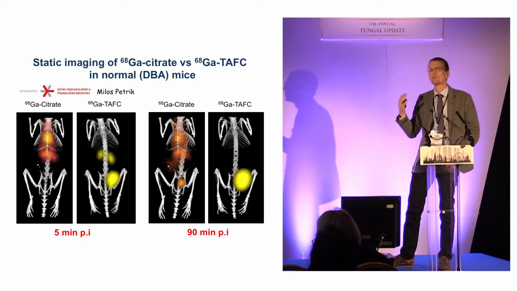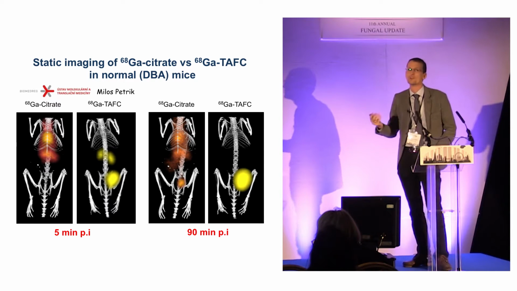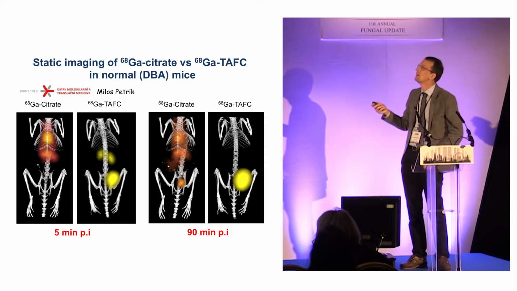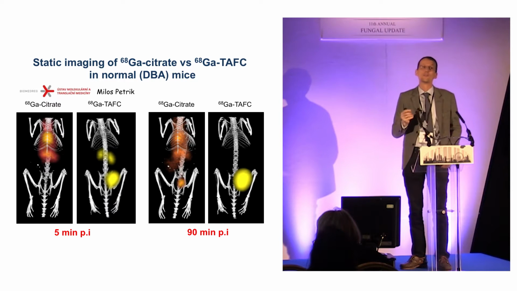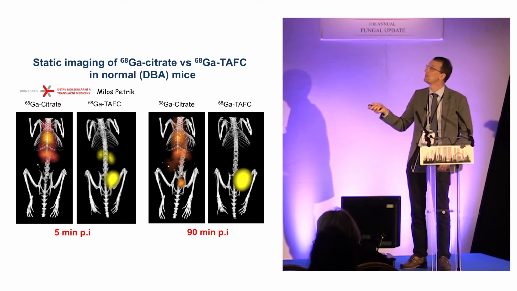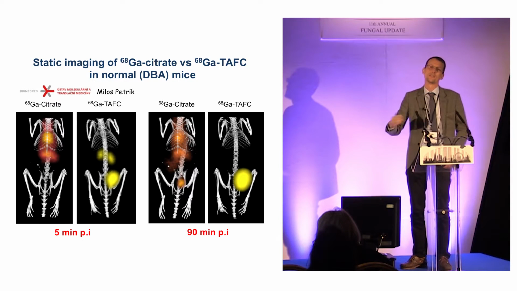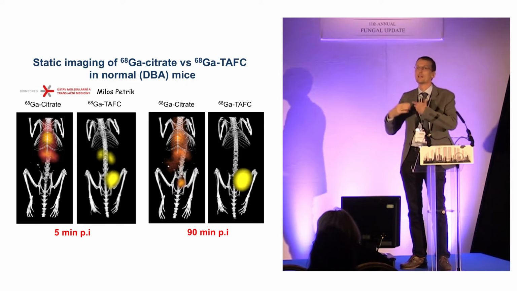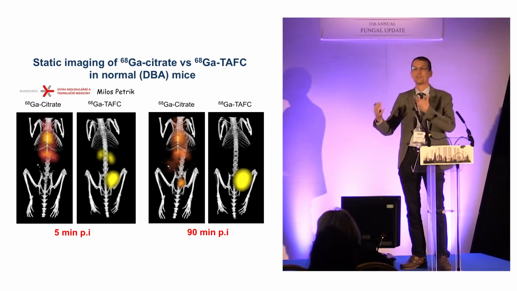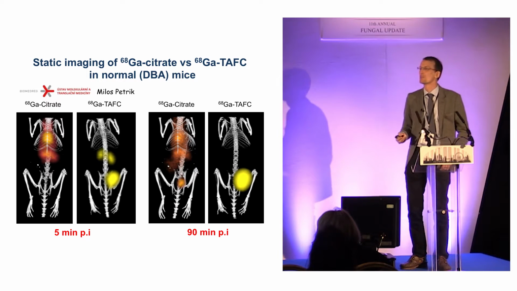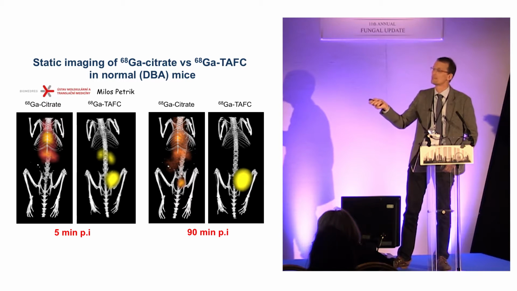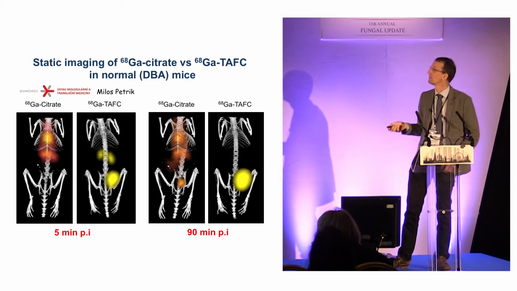We also tried to publish something, and the reviewer said, okay, this could be not the radiolabeled siderophore that you are looking at. It could only be the gallium-68, because the gallium-68 could be transferred to a siderophore which is excreted by the microorganism. So are you sure that you have a specific signal related to the compound that you are using?